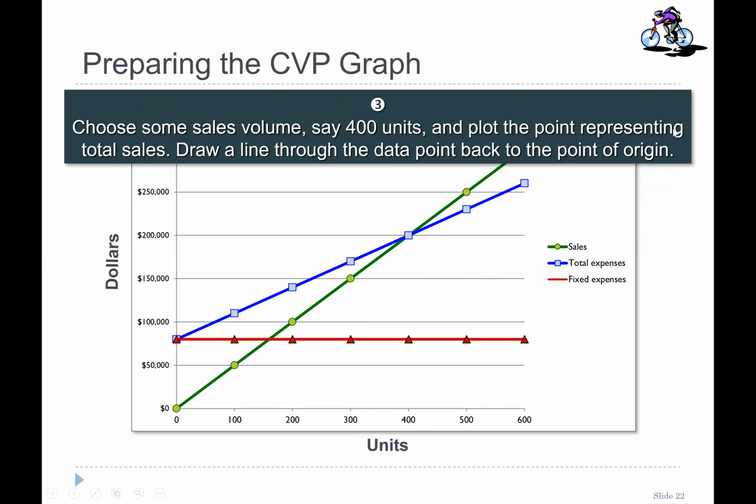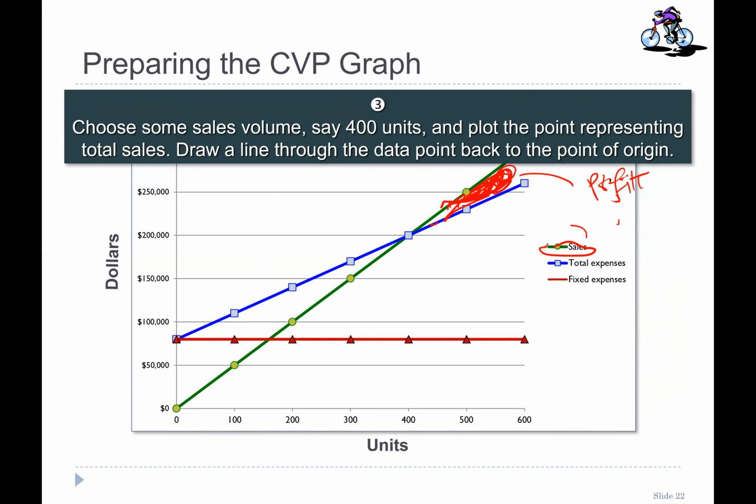So you see here, sorry, this is total sales, not the profit one, total sales. So you can also find out the area of profit as well. So the area between variable cost and the total sales is your profit. So that is the graphical representation.